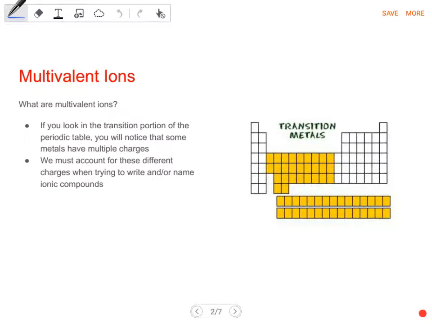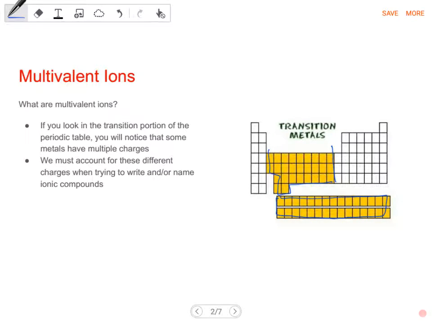All right, so where do you find the multivalent ions? Basically, the multivalent ions are typically found in the transition metals area, and I'm not saying that all of them are, but a great deal of them are, and that's where you're going to find these.